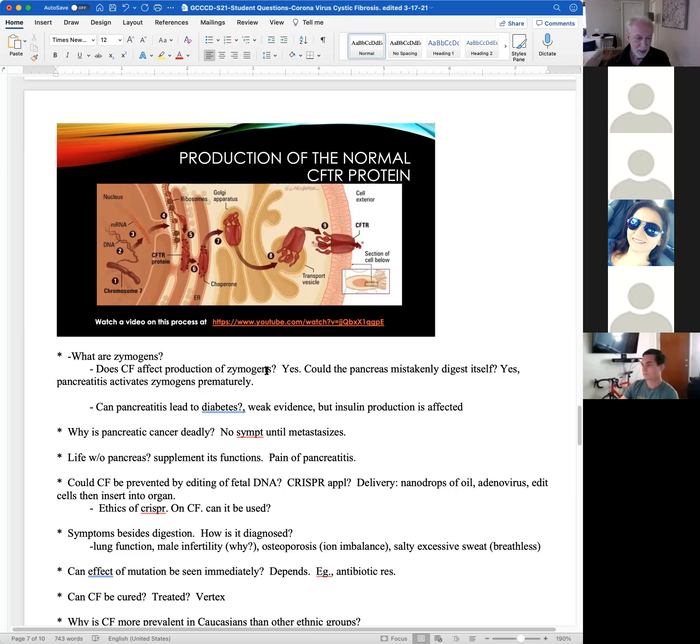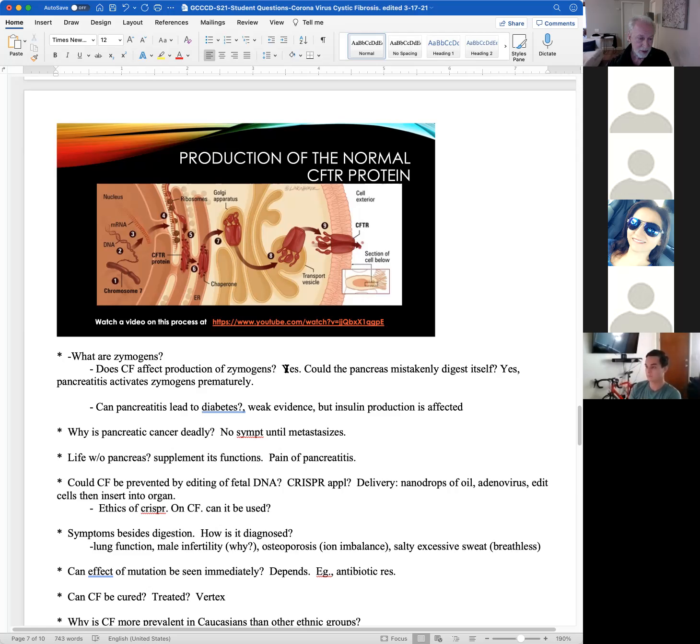And so if we ask, why are there zymogens? You remember it's because the proteases are produced in the form of zymogens. That's so because proteases have protein substrates in the pancreas, and the pancreas would digest itself if it made active proteases.